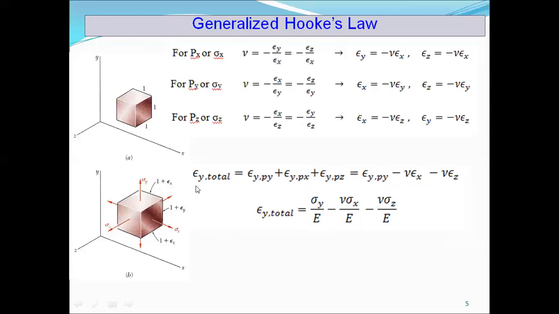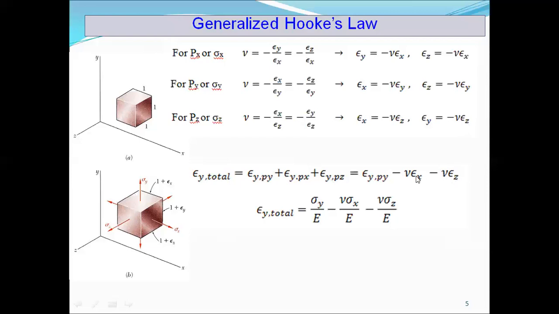Similarly, the epsilon y total, the total strain along y direction, is epsilon y due to Py plus epsilon y due to load Px plus epsilon y due to load Pz. We have already found out that epsilon y due to load Px is minus mu epsilon x, and epsilon y due to Pz is minus mu epsilon z.